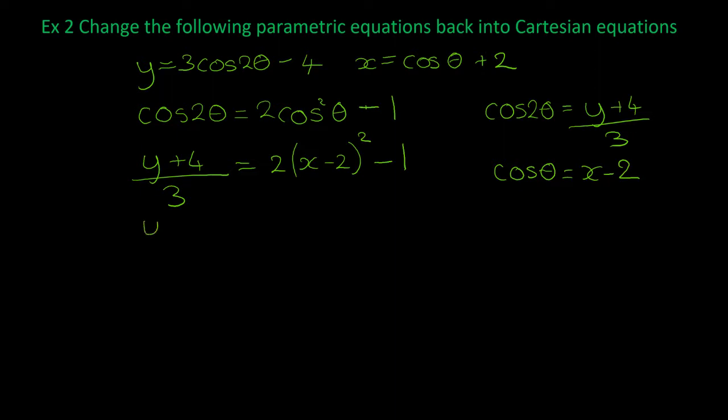So that's going to give us y equals 6 (x minus 2) squared minus 3 minus 4, so that's going to be minus 7 altogether. And then if we expand that, we'll come to 6x squared minus 24x plus 17.